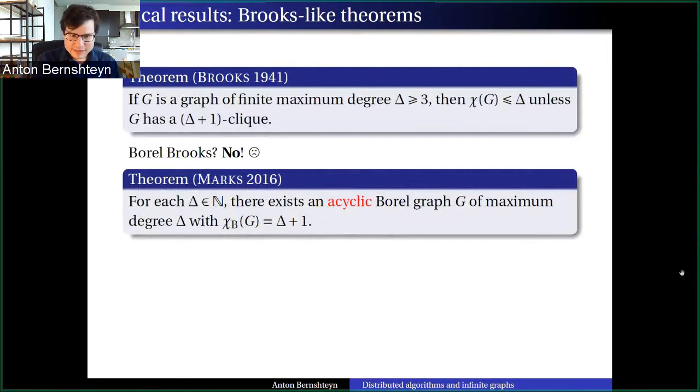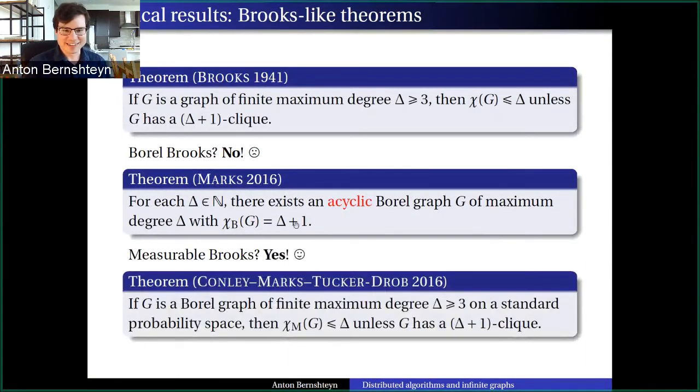Okay, well, what if we are not so greedy and instead of Borel we say measurable? So we are allowing ourselves to throw away a set of measure 0, but everything else has to be colored nicely. Can we do that? And it turns out, yes. The entire difficulty of this theorem lies in dealing with a set of measure 0. If you don't care about sets of measure 0, you literally get a version of Brooks' theorem.